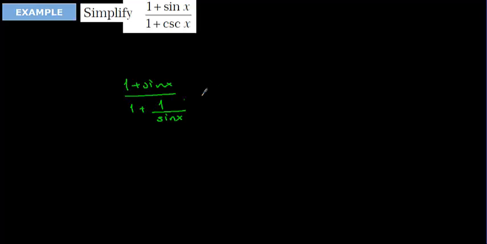Then it's going to be equal to 1 plus sine x over sine x times 1, plus 1, we are going to add, then over here sine x. The numerator is 1 plus sine x, the denominator is sine x plus 1 over sine x.